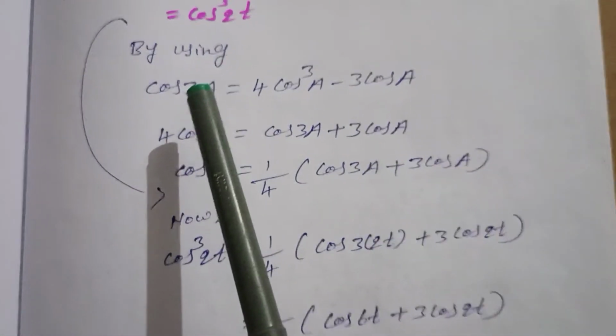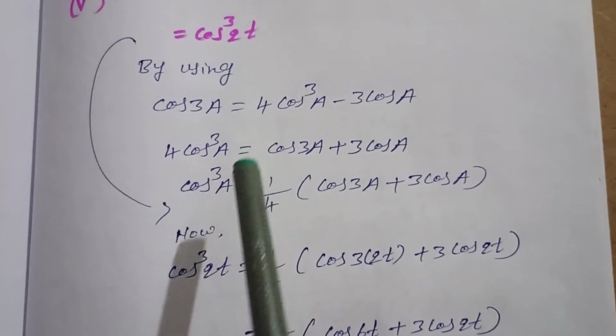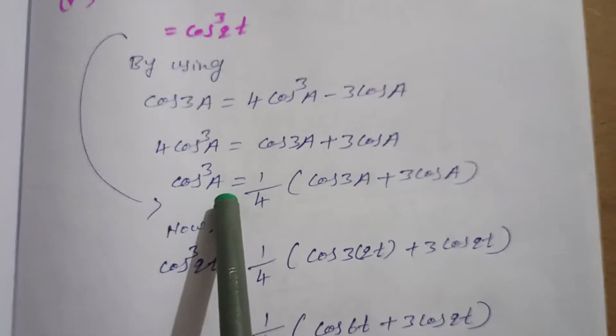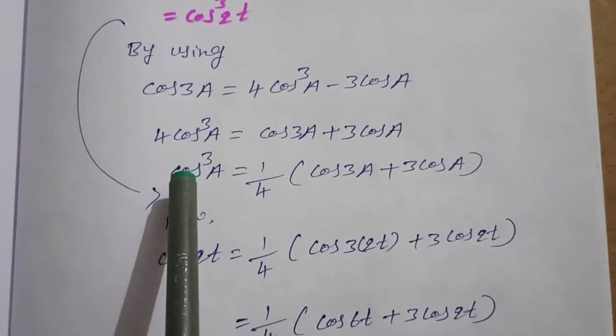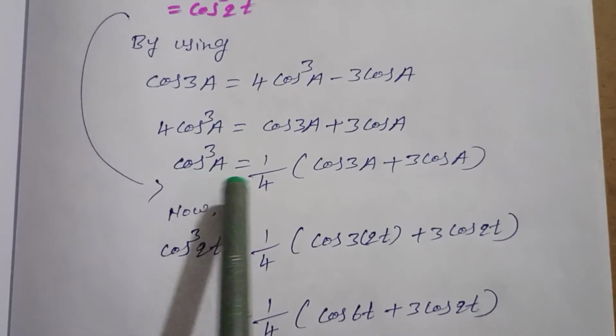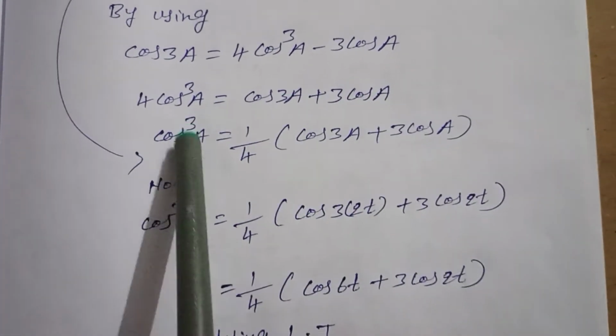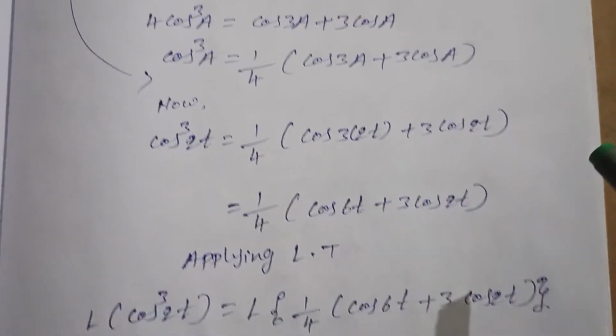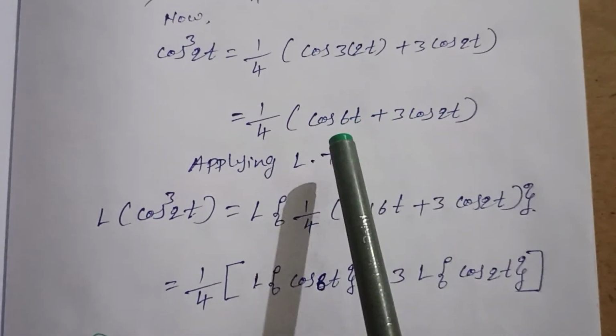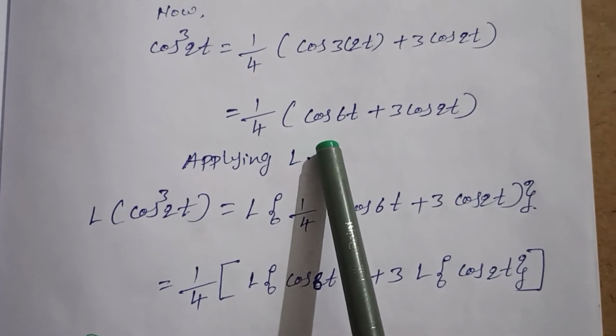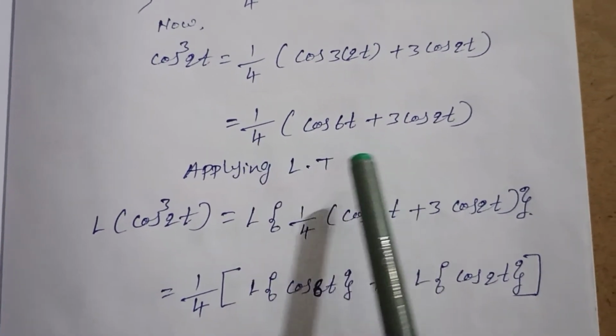Because here we have cos cube 2t, in place of a here we have 2t. So wherever this term is there, we can write in that place this whole term. Now I am applying Laplace.